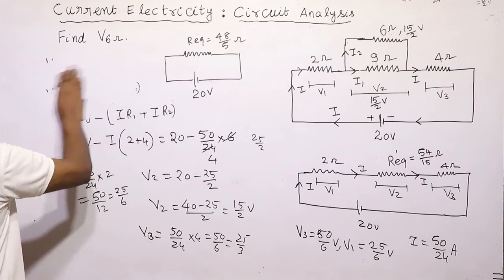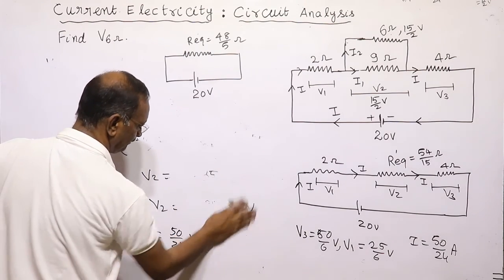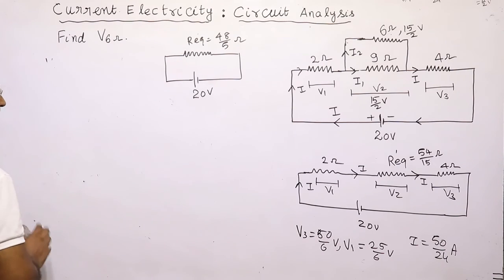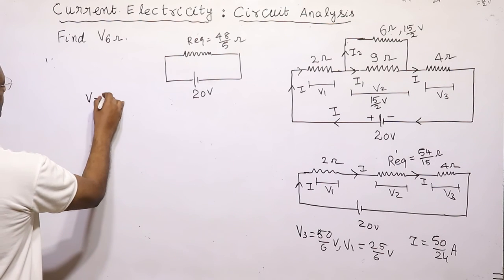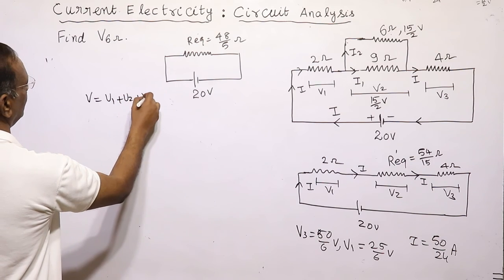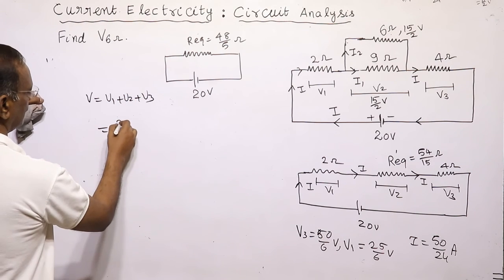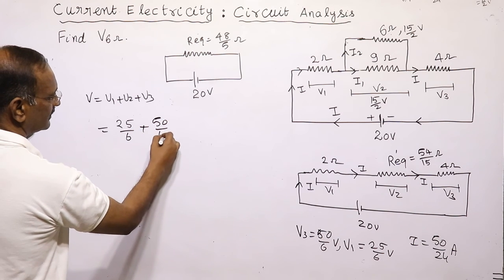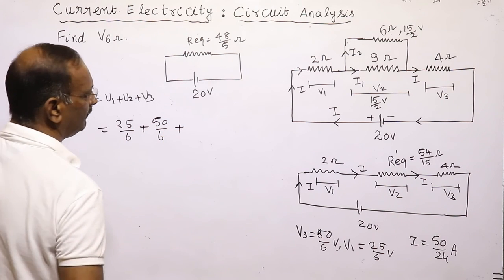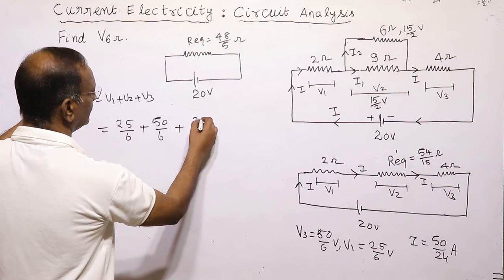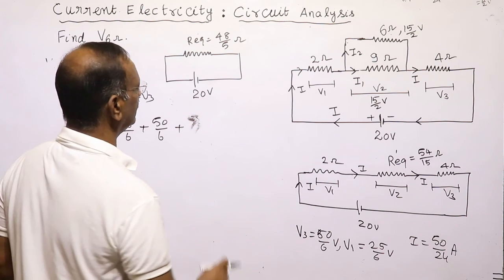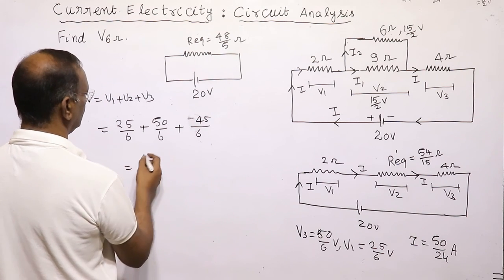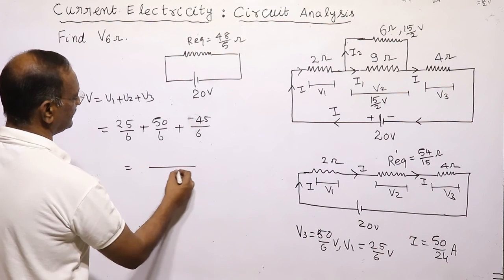Let us find out whether our calculation is right or not. So now V is equal to V1 plus V2 plus V3, where V1 is equal to 25 by 6, V3 is equal to 50 by 6, and V2 is equal to 15 by 2. 15 by 2 we can convert as 45 by 6.